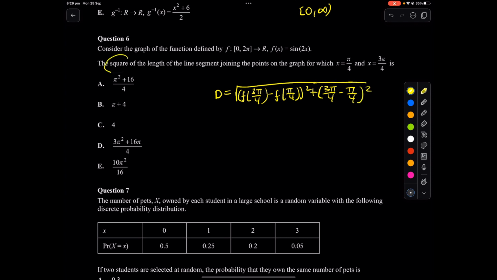Now it says the square of the length. So if we square this, the square root goes away. So it'll just become f of 3 pi over 4 minus f of pi over 4.